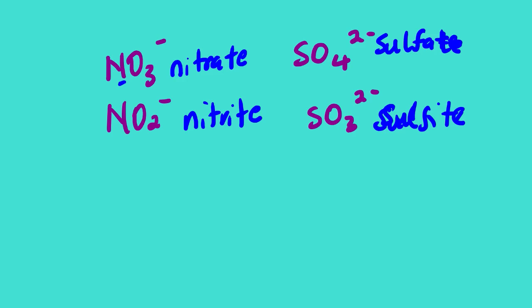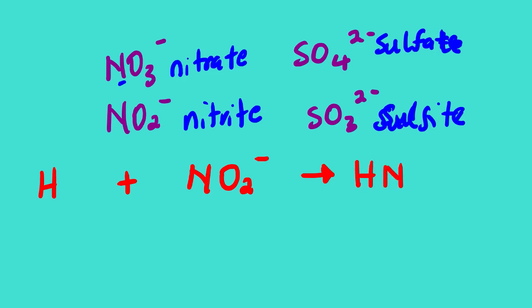Now let us look at the first example. Let's say hydrogen reacts with nitrite. You know that hydrogen is from group number 1. Since it's from group number 1, it has 1 plus, and then nitrite has 1 minus, meaning that when you cross multiply, we are going to have something like this.